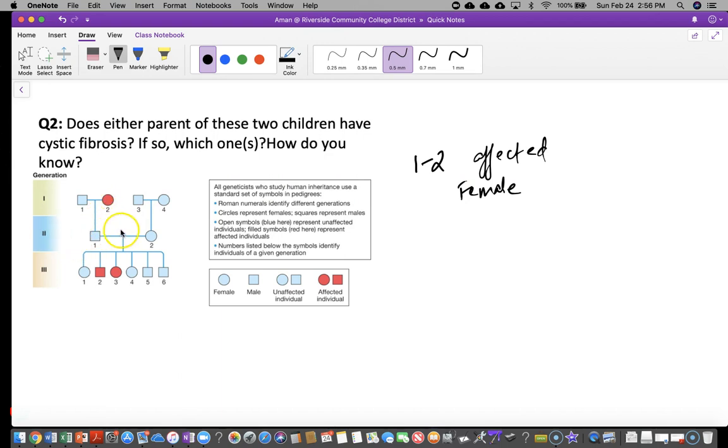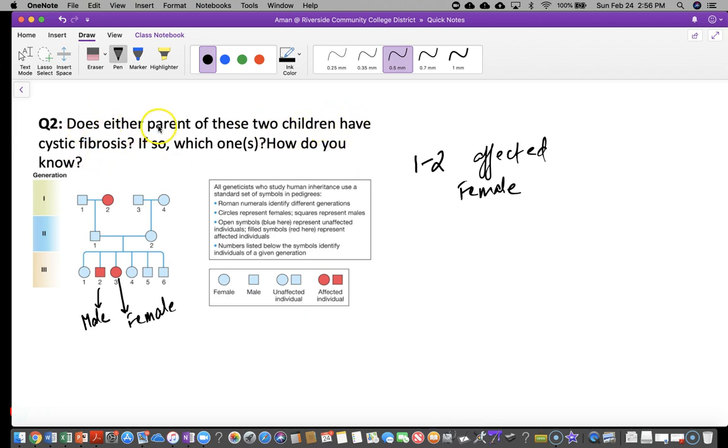Now you can see in the second generation, no one has any trouble, does not get affected. But then we can actually go into the third generation and see that not everyone is affected, but these two people are. And if I ask you, is this person male or female, you should be able to tell that this is male. And if this person is male or female, you should be able to tell that this is female. Okay, so in this particular example, we're talking about cystic fibrosis.